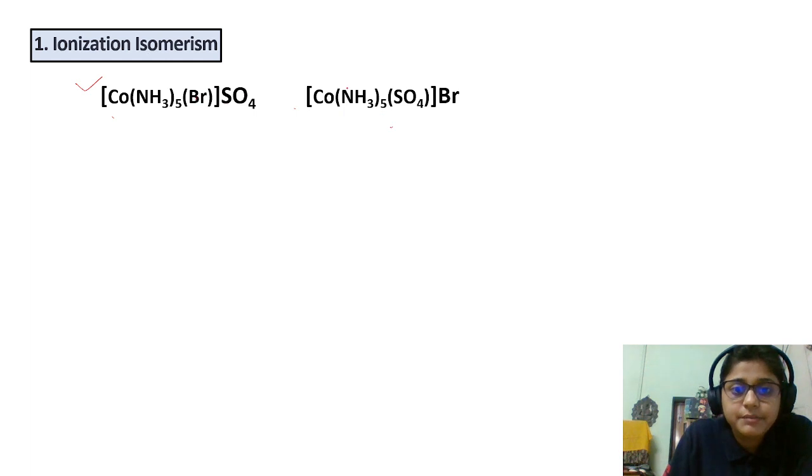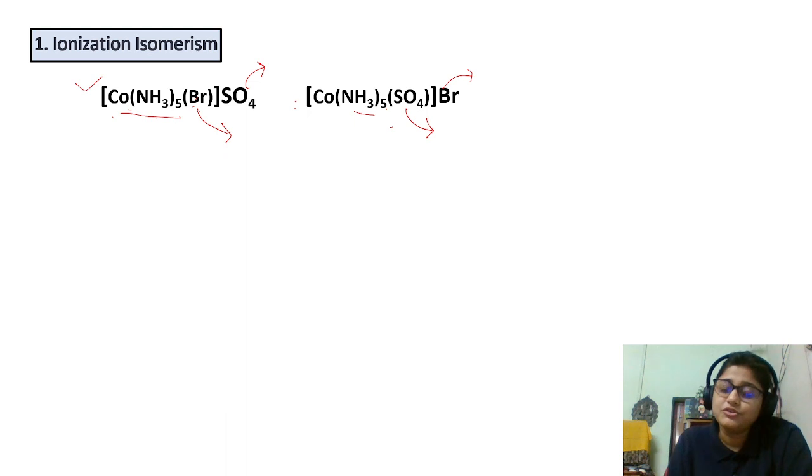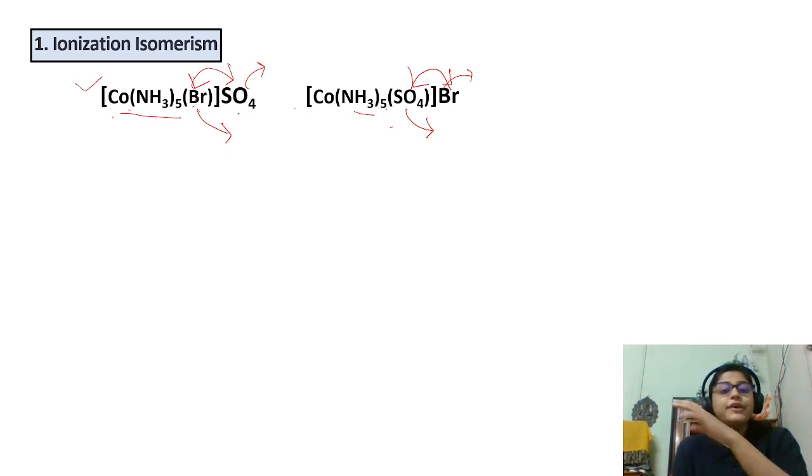What is the difference between these two? The same cobalt complex, NH3 whole 5, NH3 whole 5. Till this point it is the same, but here Br is present and here sulfate is present. Here sulfate is outside, and here Br is outside. So only the exchange of these two happens. This is called ionization isomerism, because it affects only the ionization.